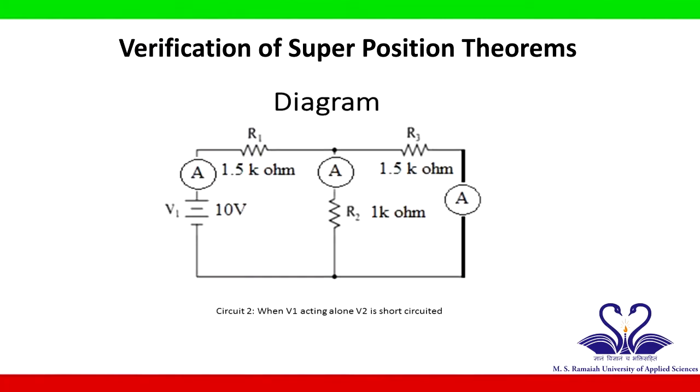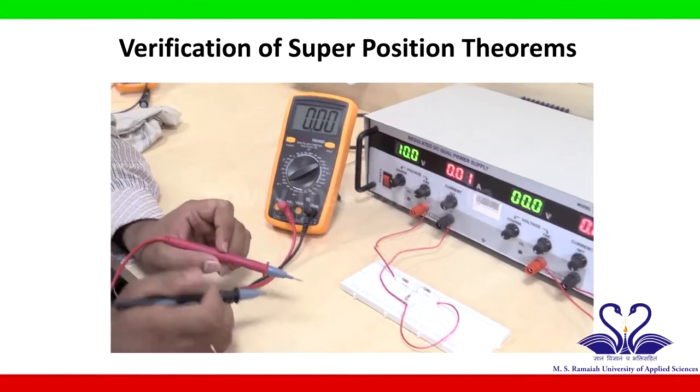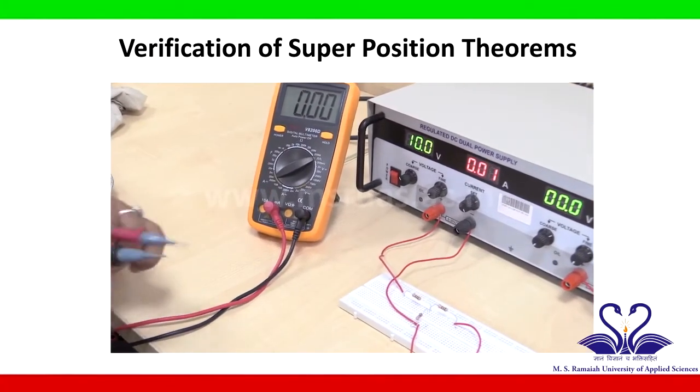The circuit is built as per circuit diagram 2. Now let us start measuring the current flowing through each resistor again.